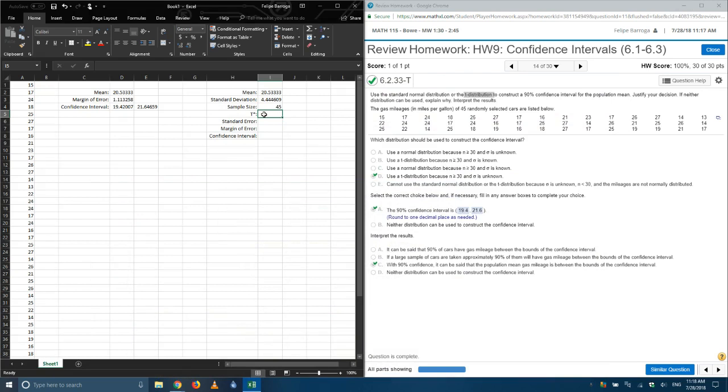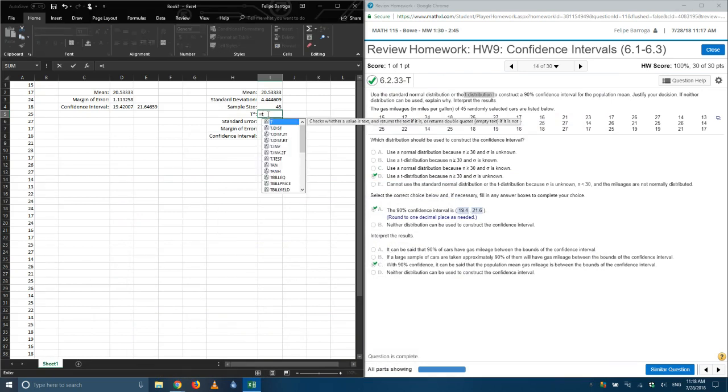Okay, so to get the t value, we're going to do a T.INV.2T, the t inverse two-tailed. Now it's asking for the probability. Remember, this is in the tails, so we're actually going to need alpha and not the confidence level.